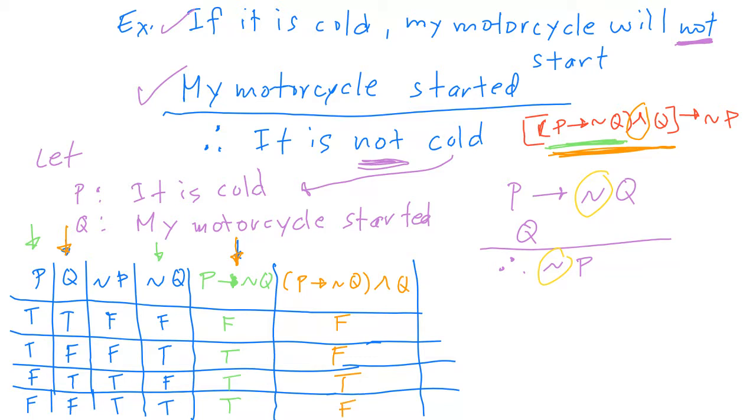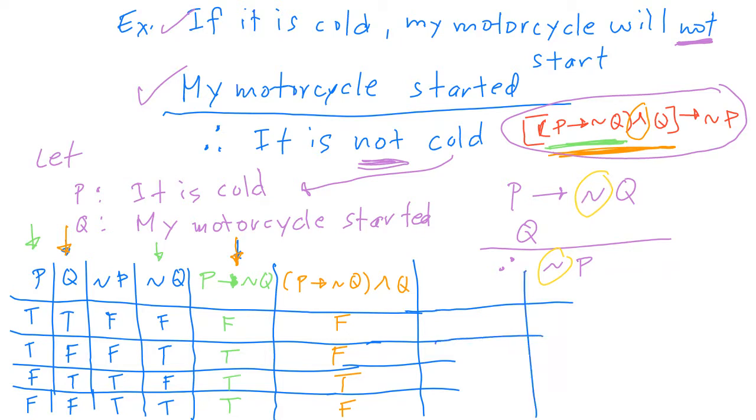Okay, so next we're going to have the whole expression here. That one goes to the last column. Let's use a different color to make it consistent.